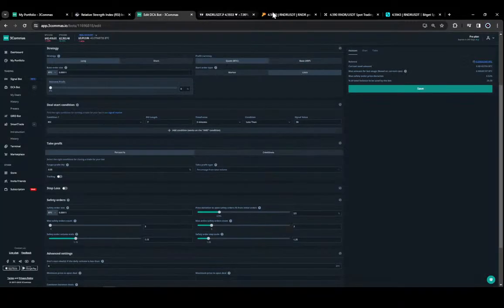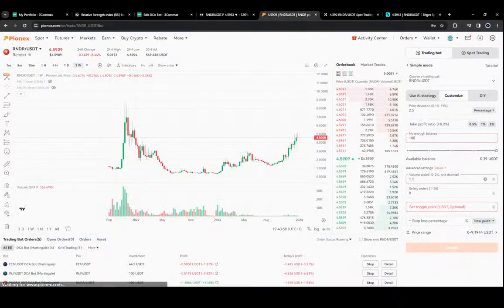Okay, and now you can see that Pionex doesn't allow me the second digit. I just cannot click. So I either need to have 1.1 or 1.2. Cannot be more precise. And then I would specify the safety order number. So for example, 8.